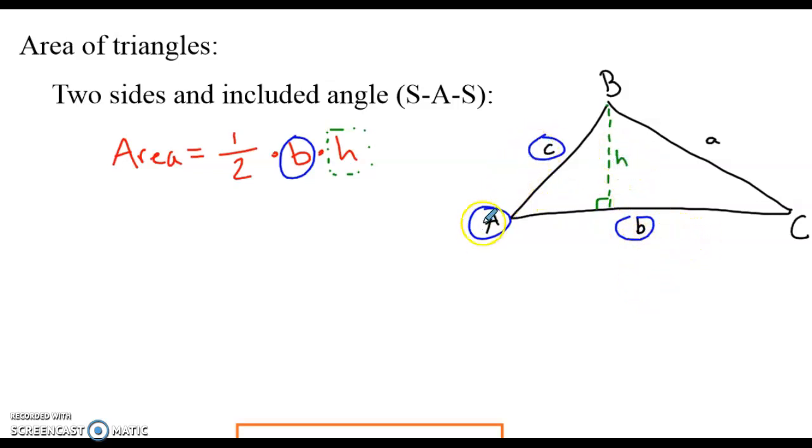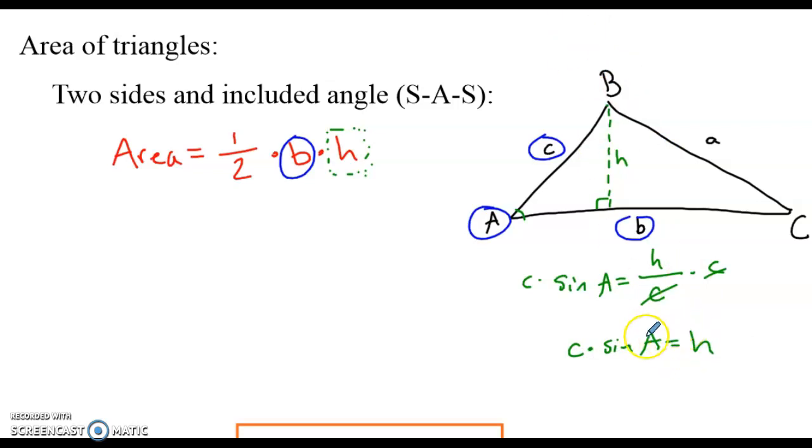I'm going to use these other two measurements to find the height, by looking at this right triangle that's made right here. The sine of this angle will be equal to the opposite side, which is the height, divided by the hypotenuse of this right triangle, which is side length C. Solving for h by multiplying both sides by c, side length c times the sine of angle A is equal to the height.